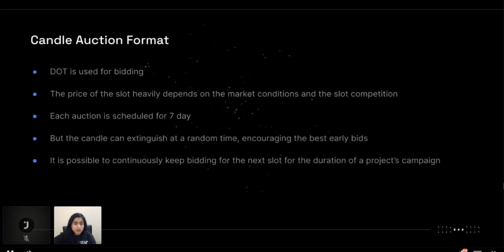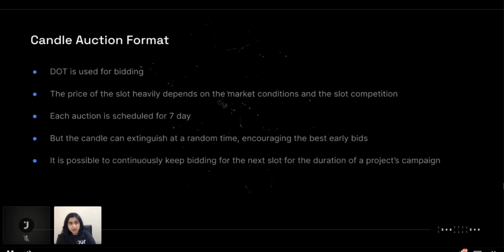Now, the candle auction has a format, and we'll go through some of the most important details about the format of this candle auction. So first of all, DOT is used for bidding, and this is important for us to understand because, for example, even in the Joule crowdloan, Joule will place the first bid, which will be in DOT.